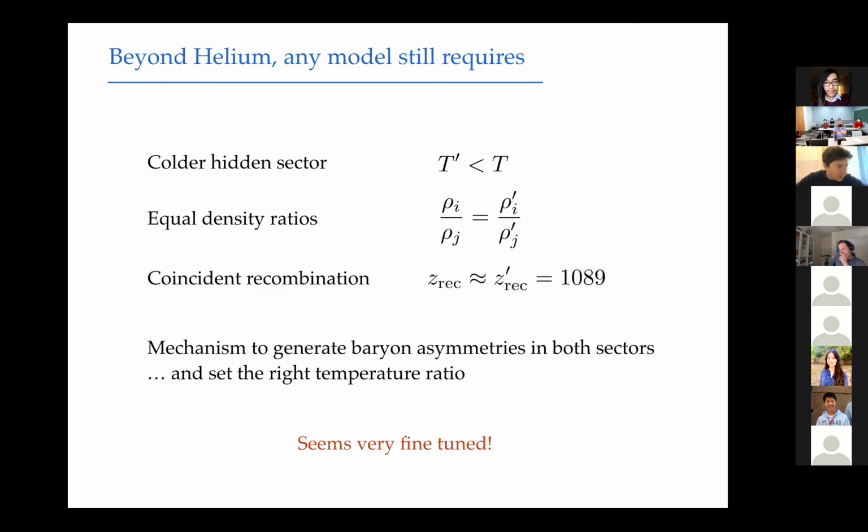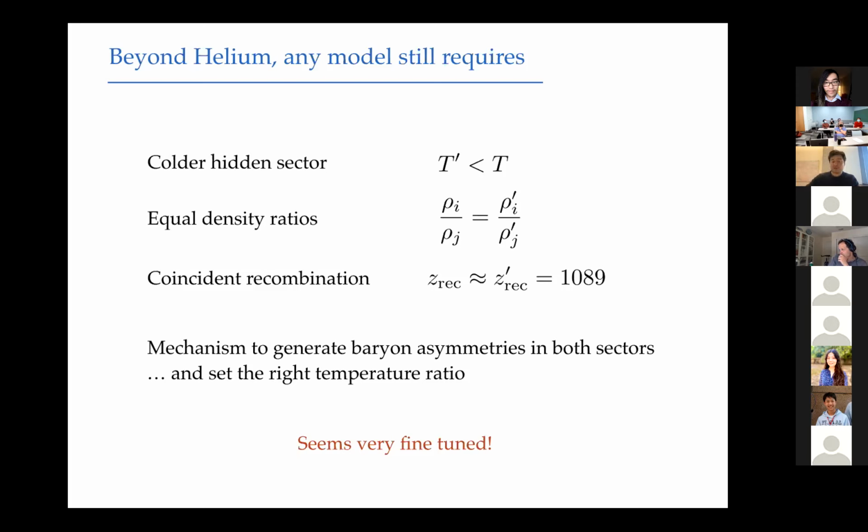That's my question. So what I mean by fine-tuning in this sense is that if you were to just throw darts in the parameter space, you say I have a standard model sector and a mirror sector, and then I just let the temperatures start off perhaps at some arbitrary value, or maybe even you fix the temperatures to the value that you want. You still need to make sure that, say, the energy density ratios work out to be the same. And that's a function of how much of an asymmetry you have.